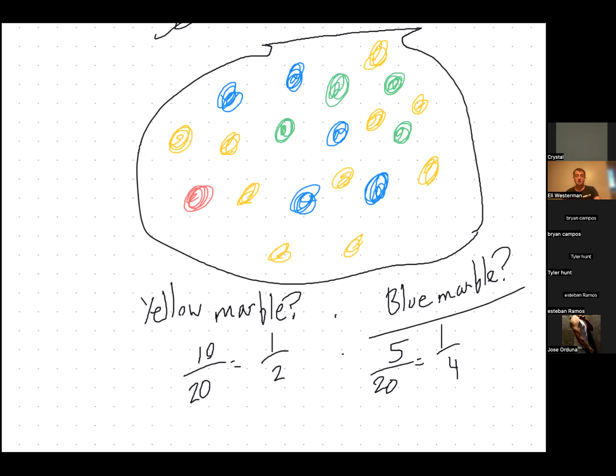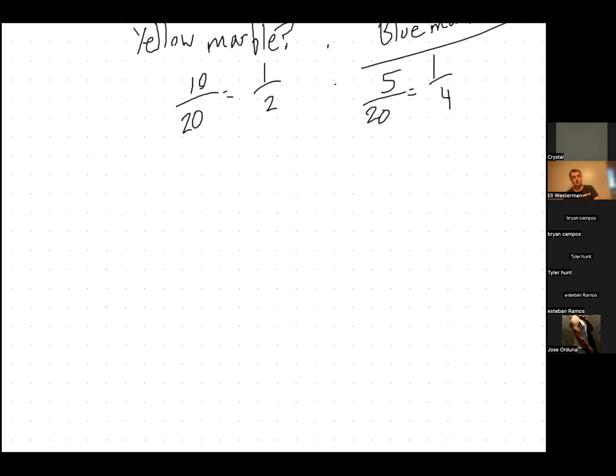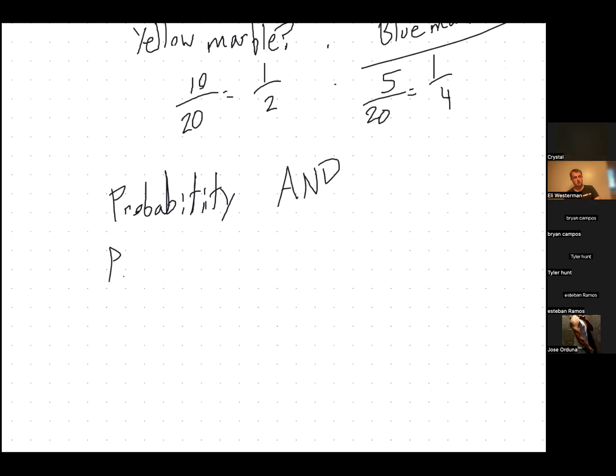All right, now I'm going to introduce some new concepts that are important. They're going to be probability and, and probability or.